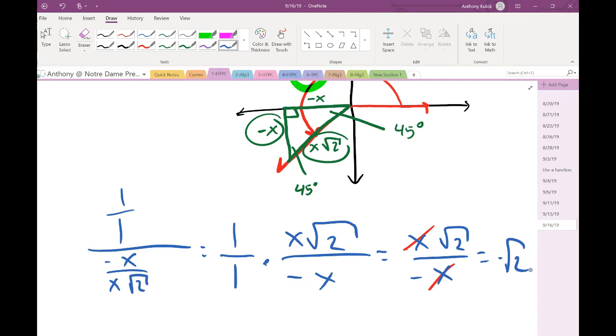So what I'm showing you is that the unit circle is nothing more than our special right triangles condensed into one location. That's all it is. It's just using the special right triangles for 30, 60, 90 and 45, 45, 90 and rewriting those in terms of points on the unit circle.